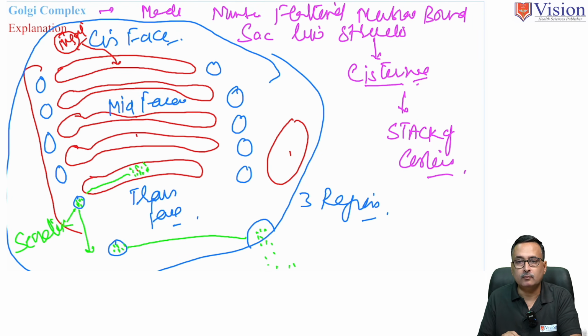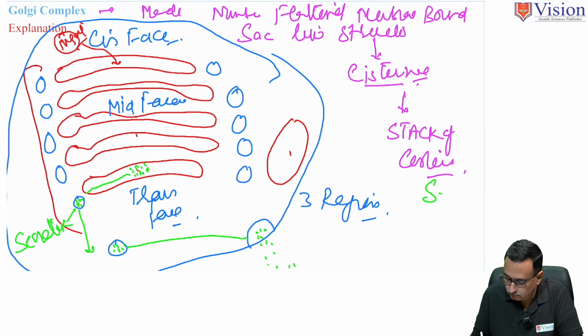Second, matured protein molecules, there are different protein molecules which undergo maturation, may it be enzymes, may it be hormones, may it be structural protein. So all the proteins after maturation are loaded into different secretory vesicles. So the second function would be sorting of molecules.